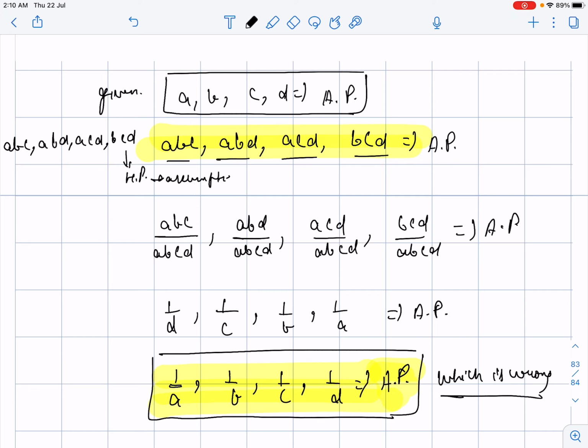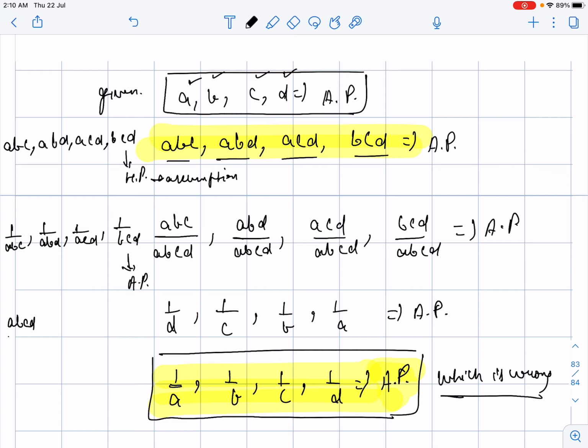And if I get my final result as a, b, c, d in arithmetic progression, then our assumption would be right over here. So 1 upon abc, 1 upon abd, 1 upon acd, 1 upon bcd will be in which type of progression? Arithmetic progression. This is also our assumption. Now let's multiply throughout by abcd.